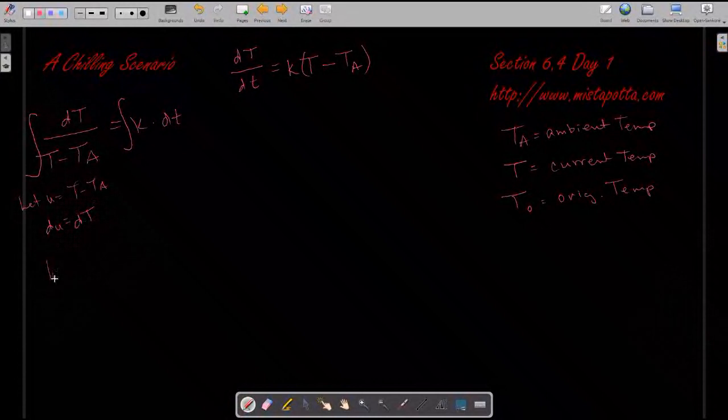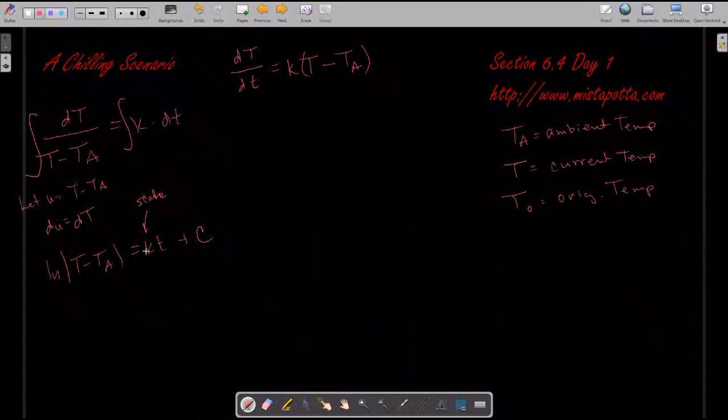So this becomes the natural log of u, the change in temperature between my current temperature and my ambient temperature. And over here, the antiderivative of a constant would just be the constant times t plus another constant.